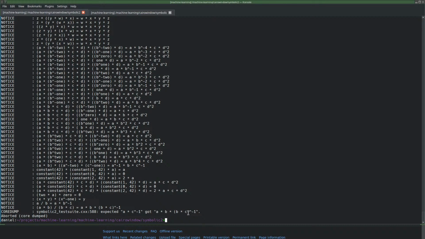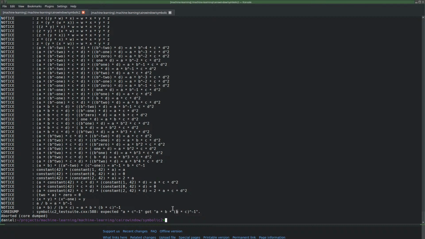Now we have b times c to the power -1. So it did not recognize that the b drops out against the b -1, because the -1 is not distributed into this multiplication.